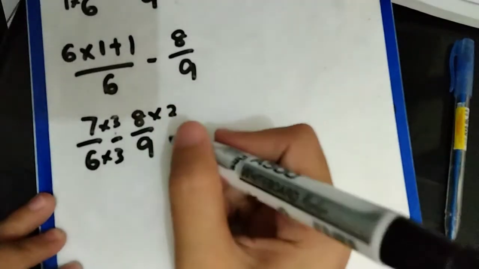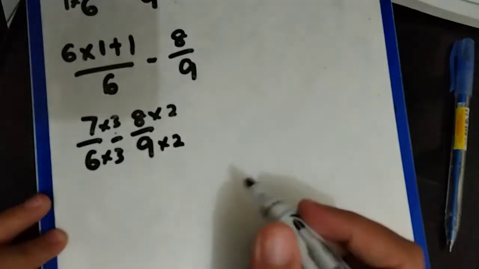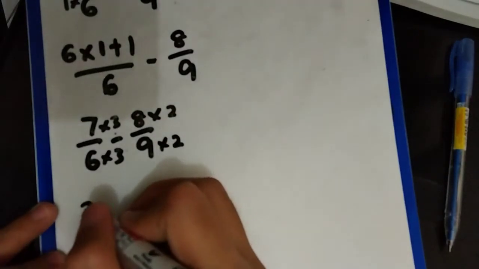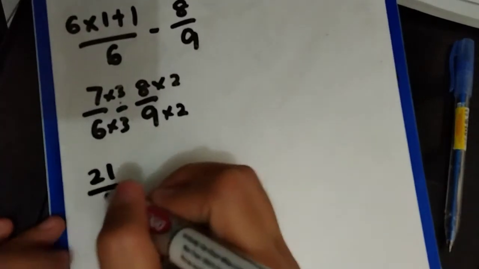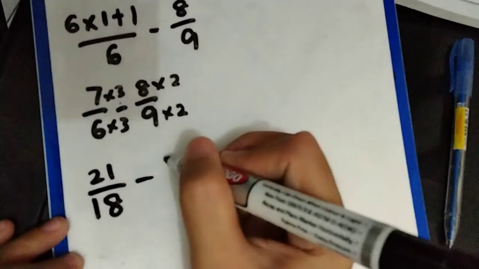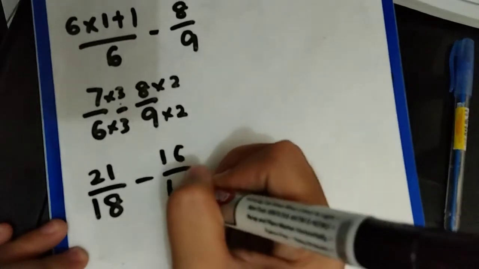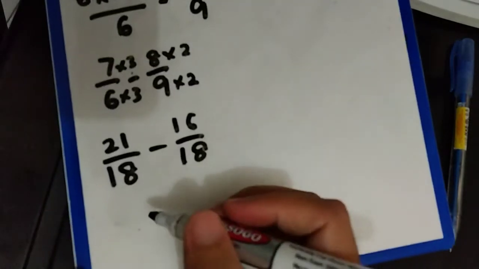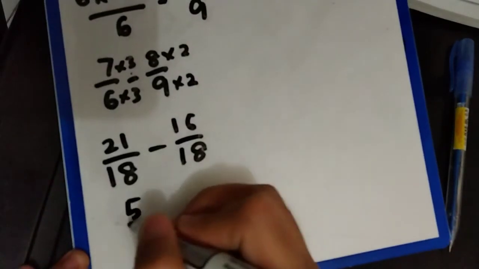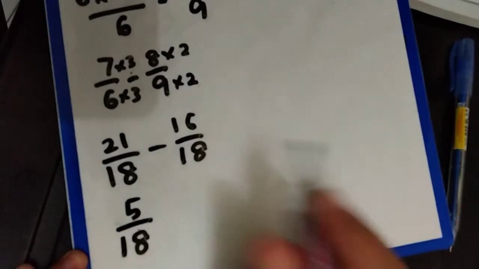You may list down, but I already have it in my mind. So the number that we are going to use is 18. So minus 5/18.